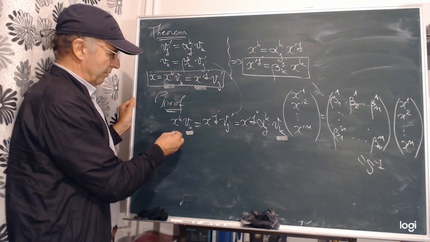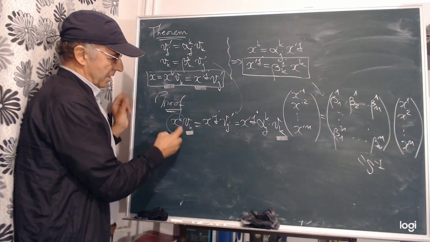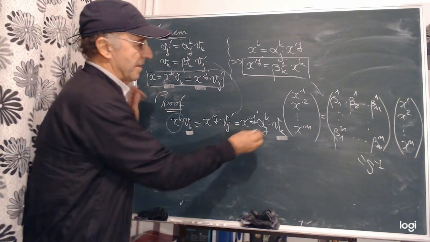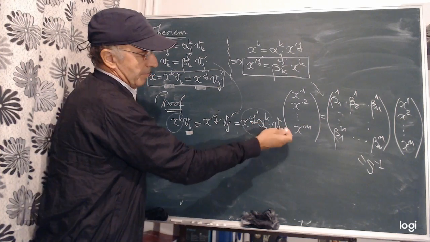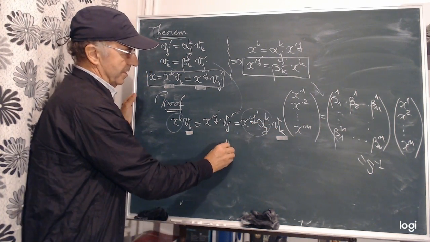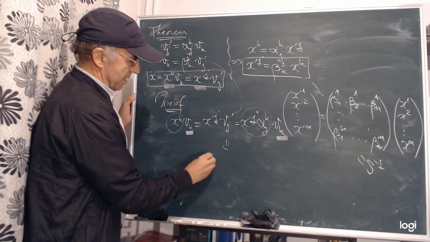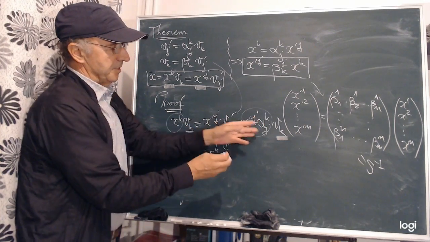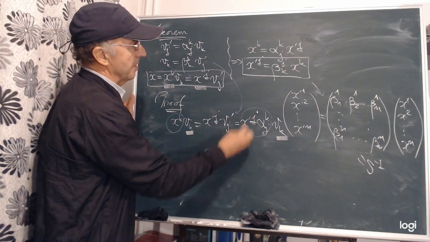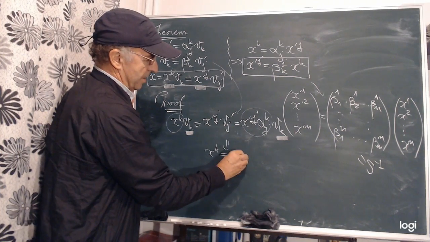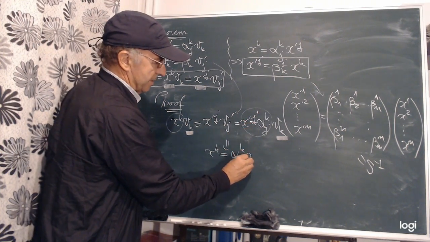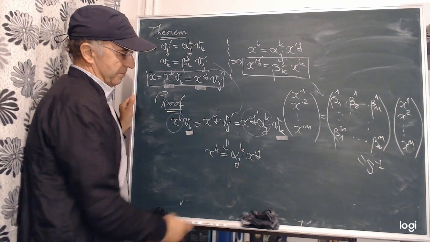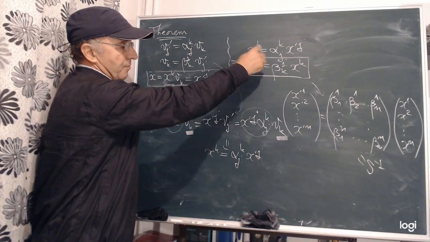We know that the coefficients must be the same, so the coefficient of vk from the left-hand side must be the same as the coefficient from the right-hand side, and from this we get that xk is indeed, here is a multiplication of two numbers, we can change the order, alpha jk multiplied by x prime j, summed with respect to j. That is this formula.